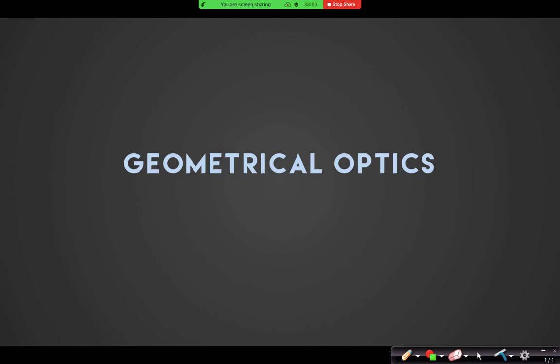So we will take 4 to 5 classes on this geometrical optics. We'll try to explain how we can explain the different phenomena of light by these light rays. But you have to understand that not all the phenomena of light can be explained by light rays, right? Other properties, like interference, diffraction, Compton effect, or photoelectric effect, are different effects of light.